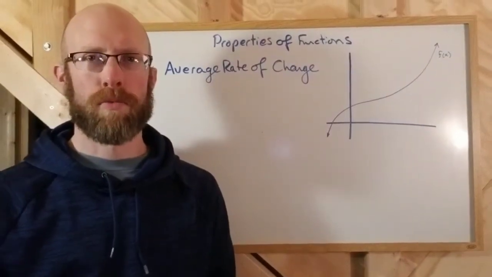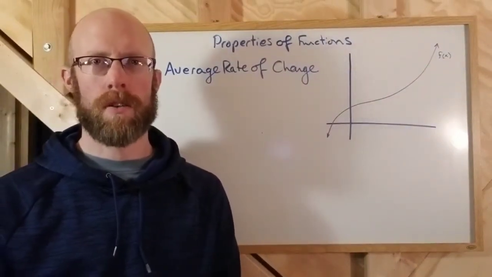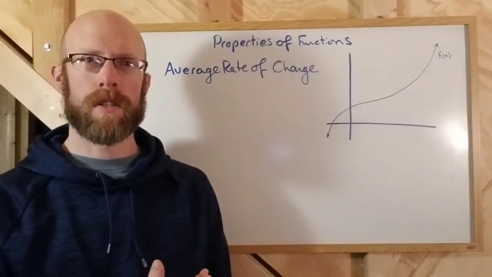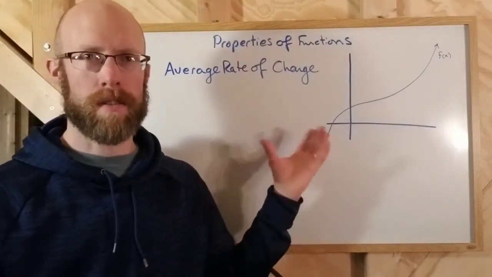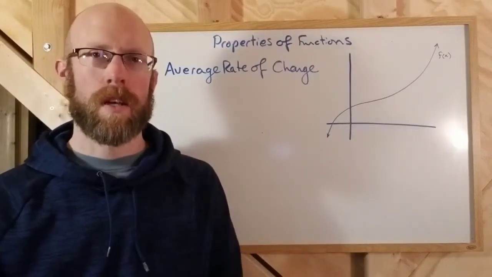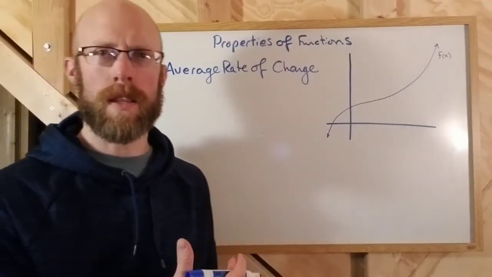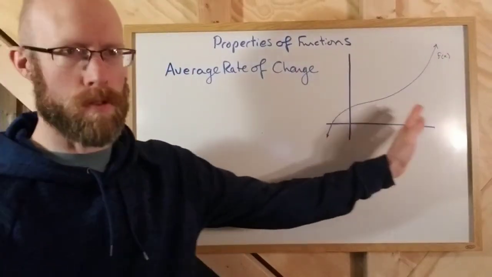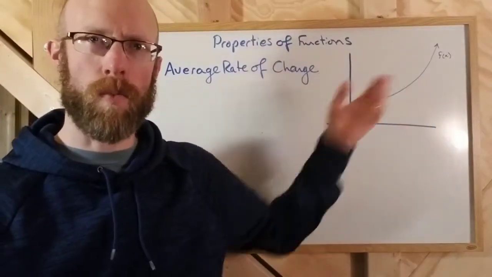A very important property of functions is called the average rate of change. Now, obviously, a function, I have a graph here, just any general function, has some sort of change in the output, or in the y values. Over a certain amount of x values, you have a change in the y.